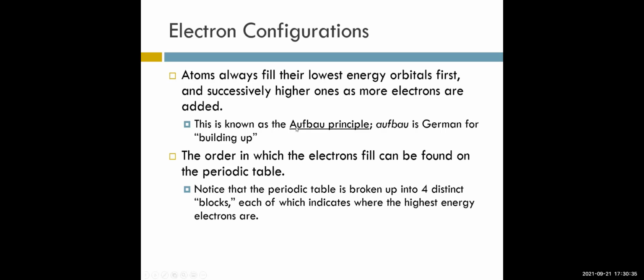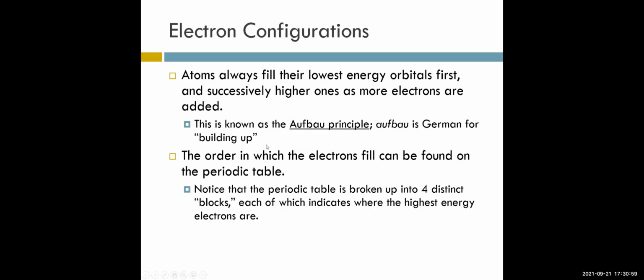But Aufbau, it turns out, is a made-up word, building up. That's the cool thing about German, by the way. If the word doesn't exist, you can make it up by stringing together a whole bunch of other words. Whether someone recognizes your word or not is another thing. That's kind of how they do it. They just compound all these words together. Anyway.